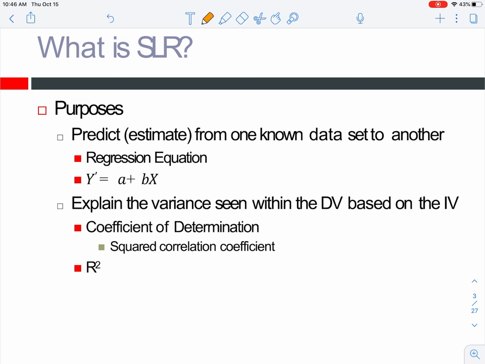So what percentage of my variance is explained by the independent variable versus a myriad of other variables that might be explaining it. So if we're talking about income and education, I can decide, using simple linear regression, how much of my income level is actually because of my education level versus because of other variables.